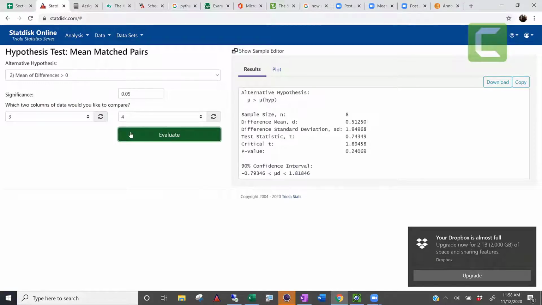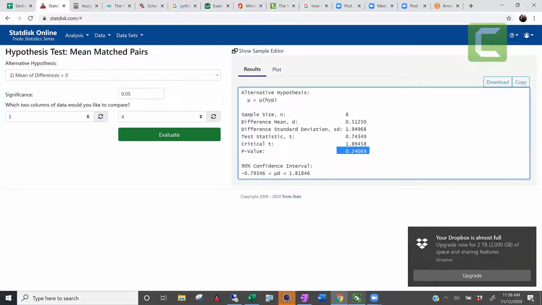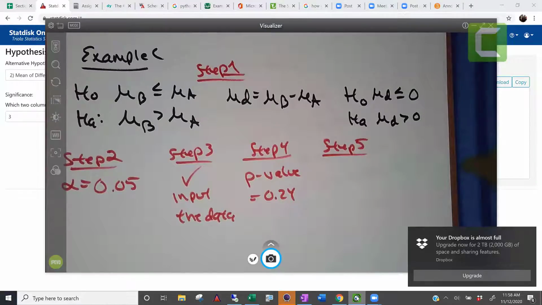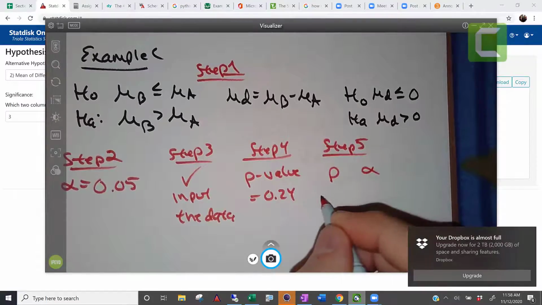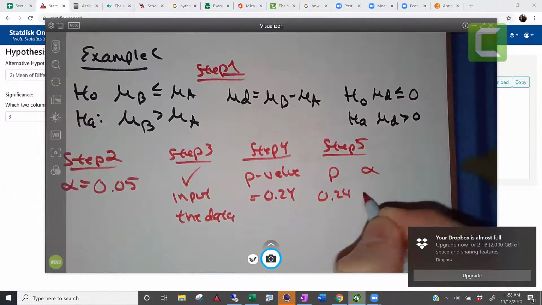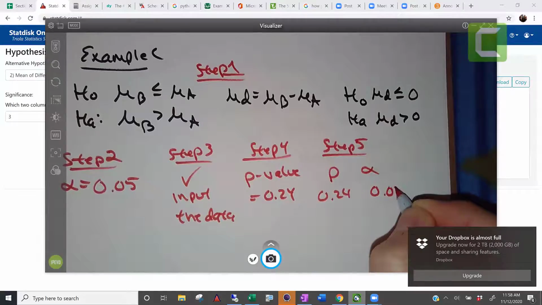So that puts me over in step 5. So down here, there's our p-value. Let's go over to step 5. What's going to happen with step 5? Failed to reject. Failed to reject. All right, so I'm not sure I heard a complete consensus.